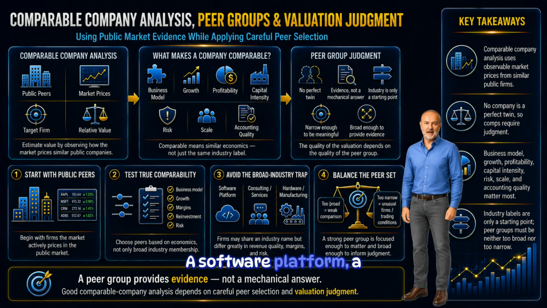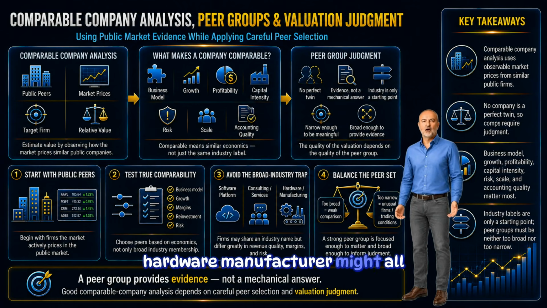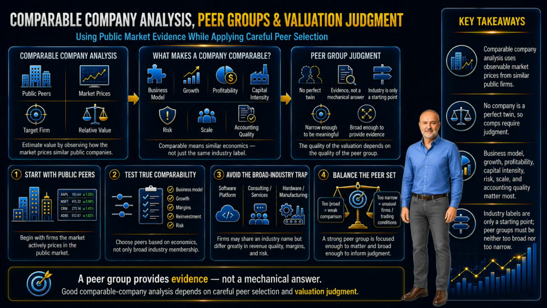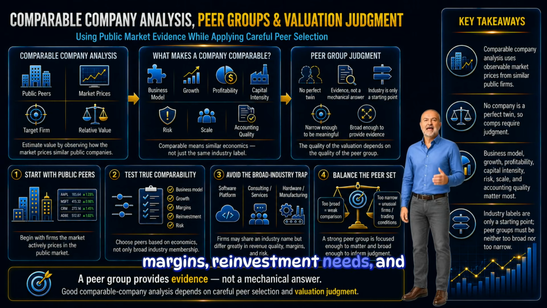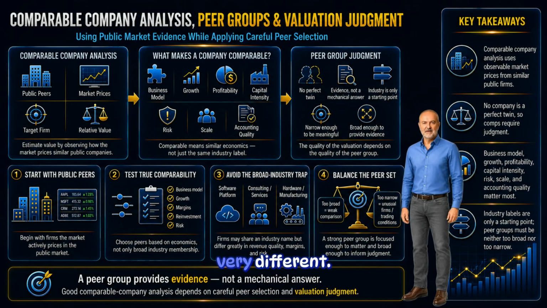A software platform, a consulting firm, and a hardware manufacturer might all be called technology companies, but their revenue quality, margins, reinvestment needs, and risk profiles may be very different. A good peer group should be narrow enough to be meaningful and broad enough to provide useful market evidence. Too broad, and the comparison becomes weak. Too narrow, and the analysis may depend too much on unusual firms or unusual trading conditions.